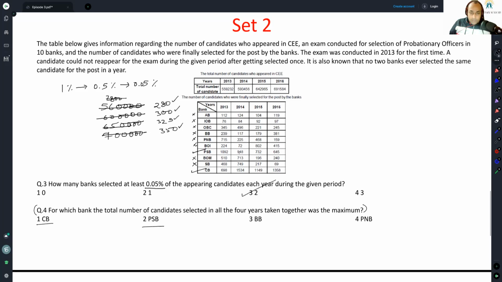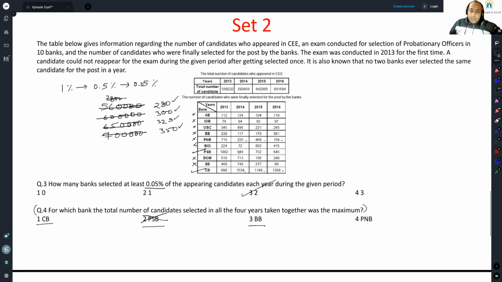Let's look at CB and PSB. Loses by roughly 400, wins by roughly 600, wins by roughly 400, wins by roughly 700. CB has won by such a huge margin that it has to be larger than PSB. So CB survives. Now there is a death match between CB and BB. Wins by 400, wins by 1200, wins by 700 and wins by 1100.